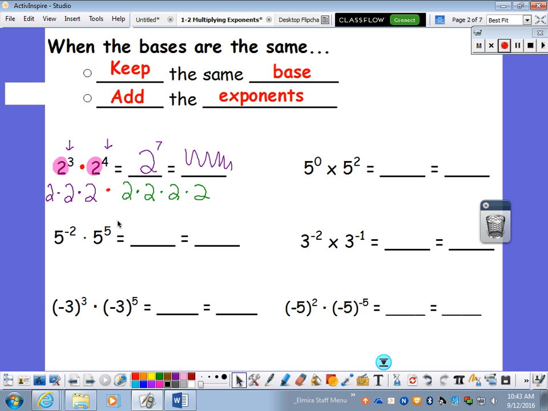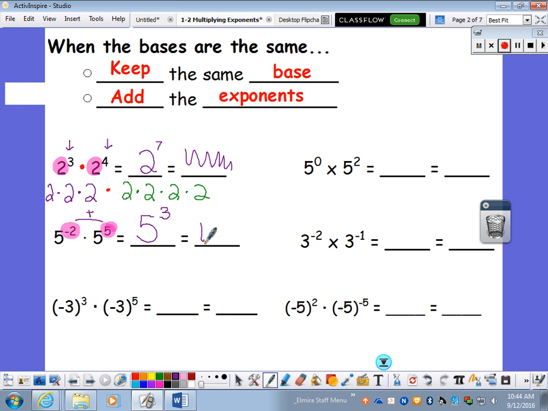Okay, so if we move on to this next problem, my base is 5, so I'm going to keep the 5. And all I'm really looking at are the exponents, -2 and 5. -2 plus 5, if I'm 2 degrees below 0, the temperature goes up by 5, I'm at 3.